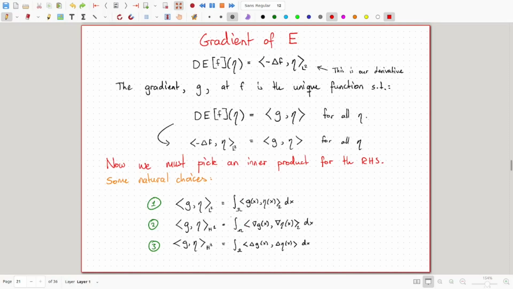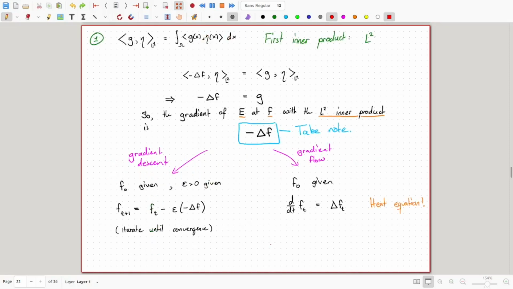The second one is H1, the Sobolev inner product, where we integrate the inner product of the gradients of the functions over the domain. And you have H2, which is like the Laplace operator of our functions, inner producted over the domain, and so on. Okay. So we're really going to explore these three examples.